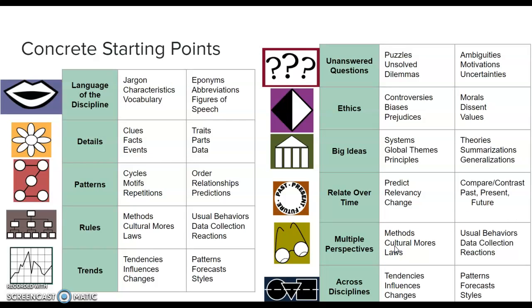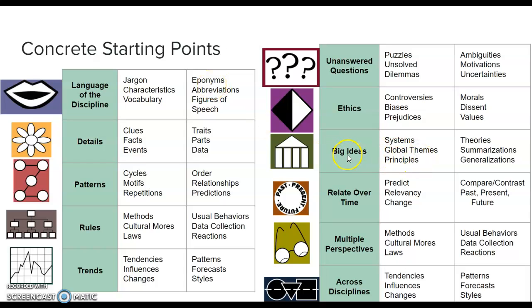Part of the success with this is that students build their academic and content vocabulary, the vernacular, if you will, for your class and for the content. So if I'm asking students to think about the language of the discipline, there's certain things I want them to look for and know about. I want them to understand not only what jargon and vocabulary and eponyms mean, but how that affects what they're doing in the class.